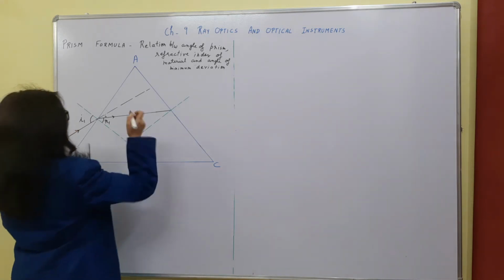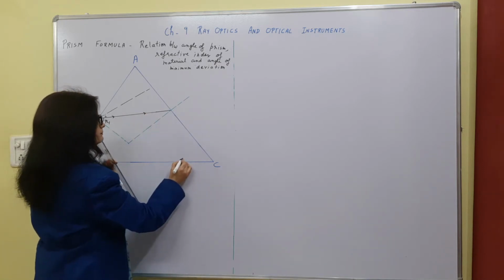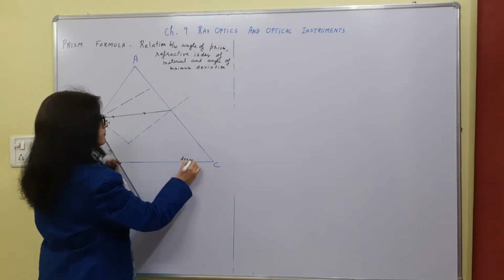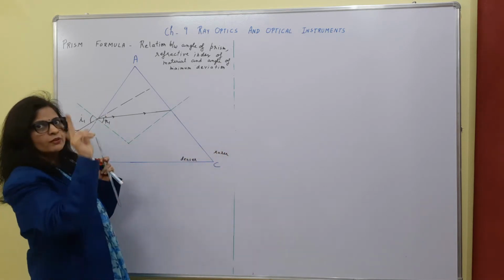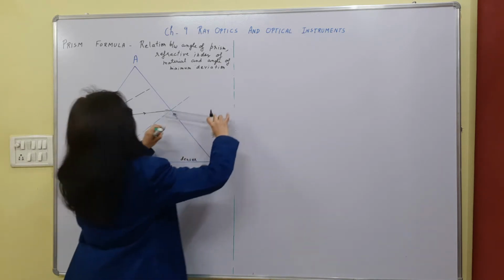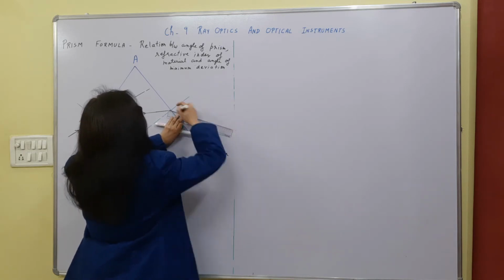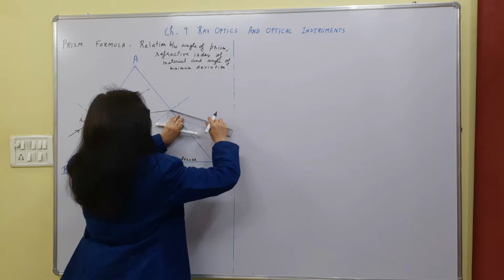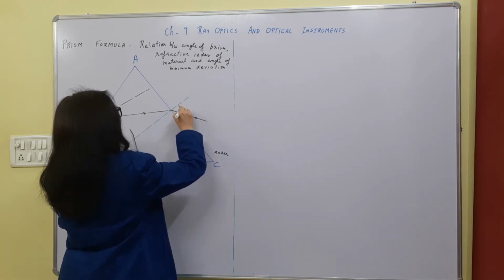So this is your refracted ray by the first face. Now when it is entering from denser to rarer medium, it will bend away from the normal. So instead of going this way, it is now going away. Right, so it's going away.